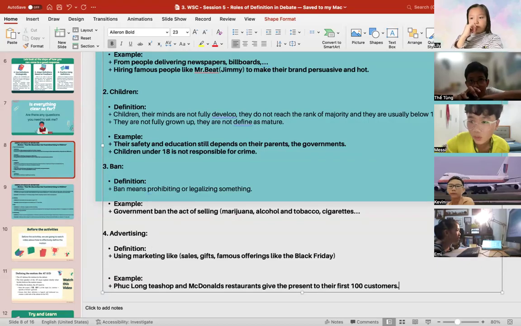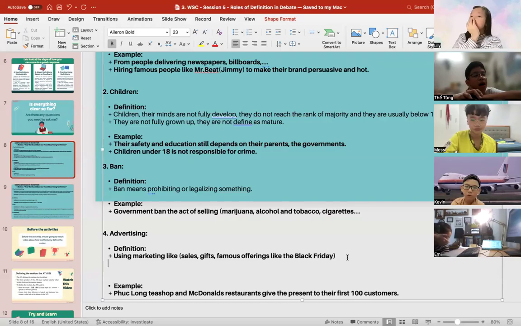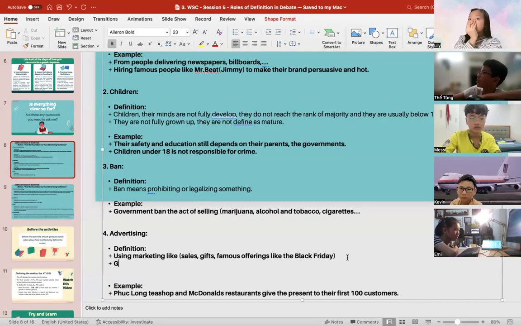Okay, does anyone have any examples? Kevin's example is great. I would like to call Thế Tùng. Ads. Oh, game ads. Sometimes they advertise new games, right? No, a billboard near my house.